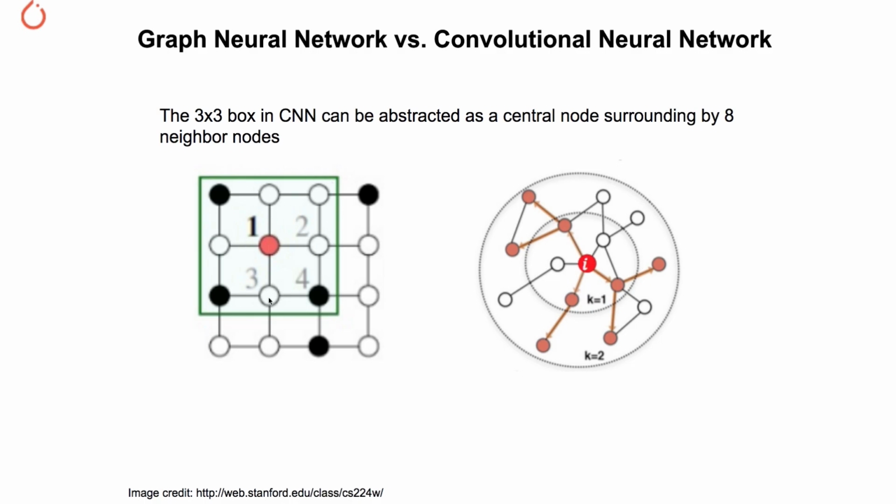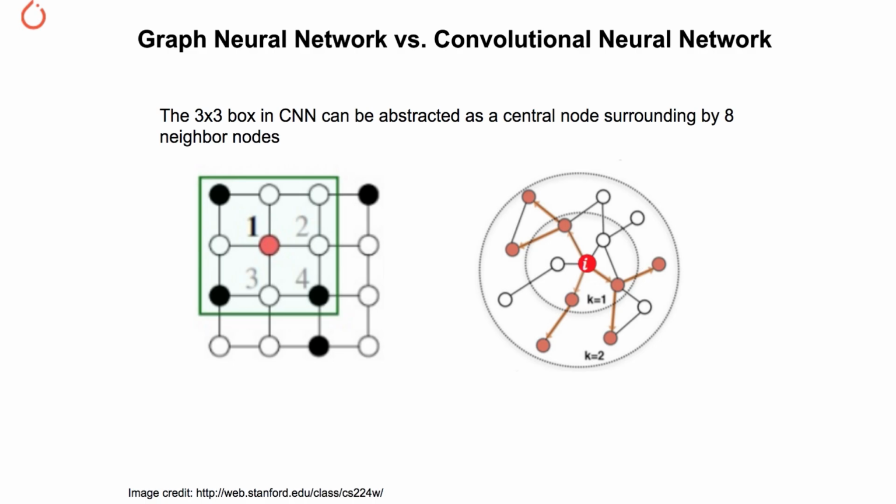And then you slide to the right. So it's essentially a node with aggregate information coming from all of its neighbor nodes, and that is how you extract information.